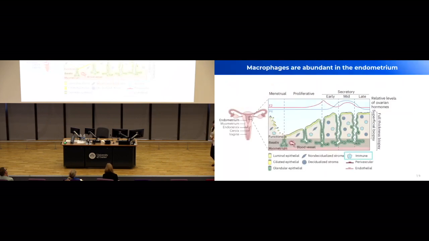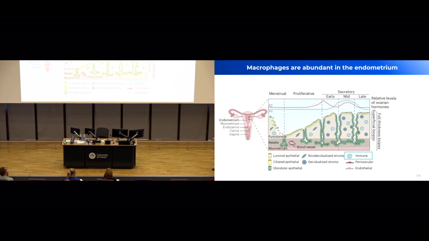Good, so I told you how my vision is to look at the tissue-resident immune cells. I am an immunologist by training, and this tissue is full of immune cells, in particular with a huge abundance of macrophages. It also makes sense to look at the immune cells, as a lot of reproductive disorders, including endometriosis, are inflammatory disorders.